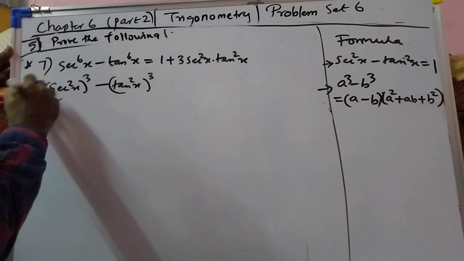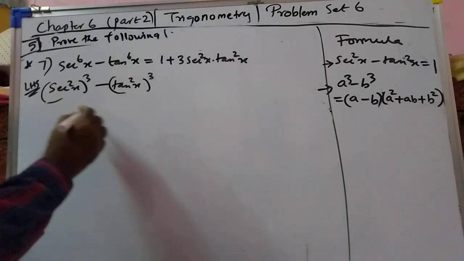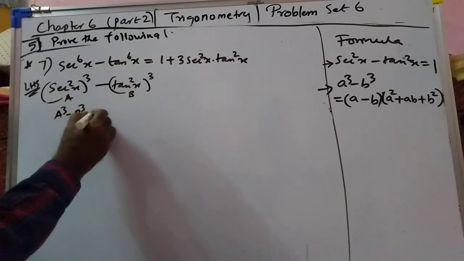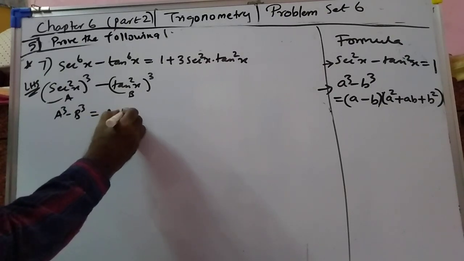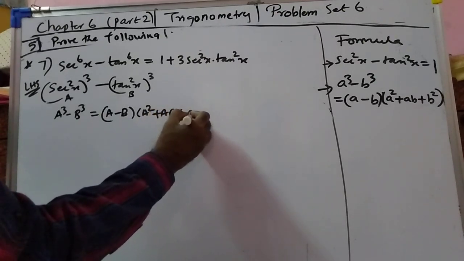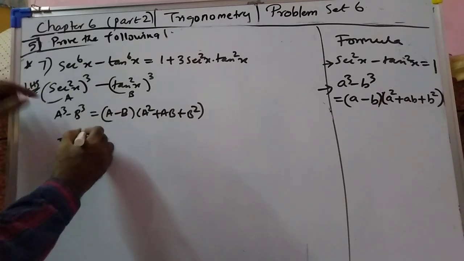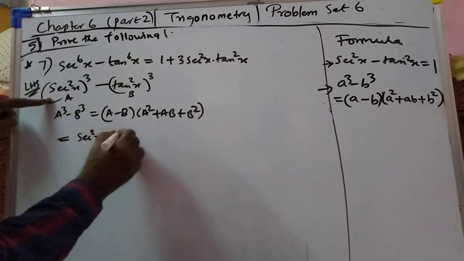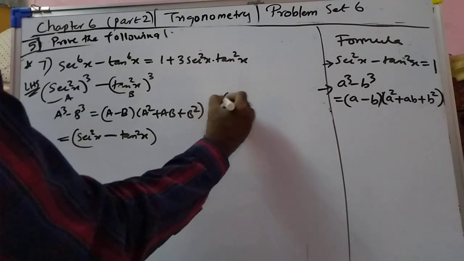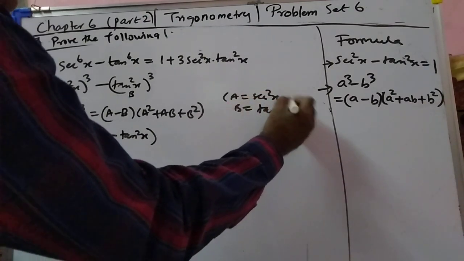Okay, take the left hand side. Now we have the formula a cube minus b cube, that we will apply. So this is a and this is b. So a cube minus b cube is a minus b, a square plus ab plus b square. Put it, so it will become: a is sec square x, b is tan square x.